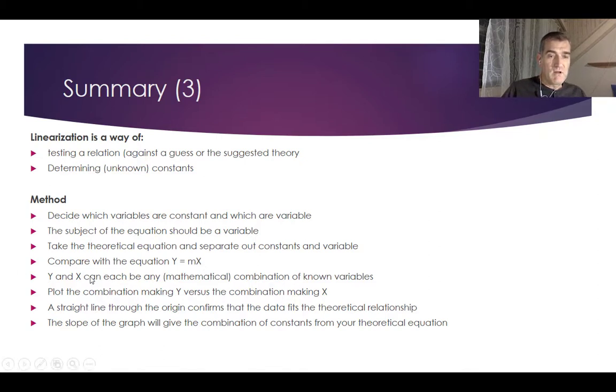Y and x can be any combination of known variables. We plot the combination making the y versus the combination making the x, assuming we can write the theory in this form, and we want to test that theory. A straight line through the origin confirms that it's true: the first variable, which comes from one or more variables, is equal to a constant times the second variable. The slope will then give us the combination of constants making up the slope of the graph.